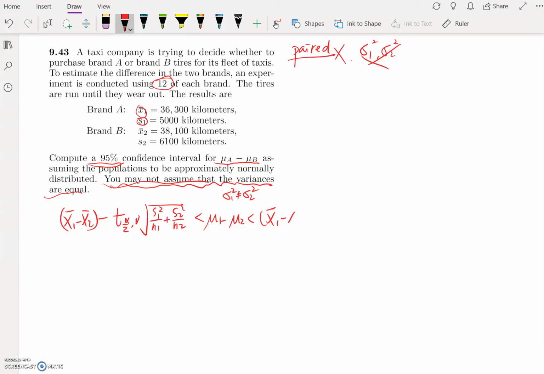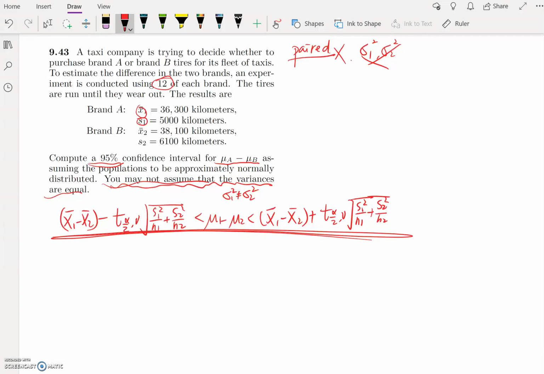That is the interval we want. The x1 bar and x2 bar are given, and so are s1 square and s2 square. N1 and N2 are both 12.